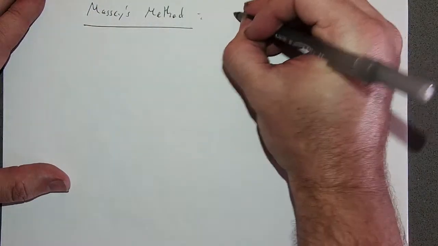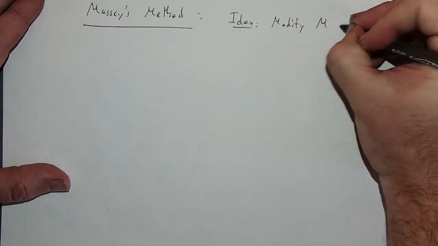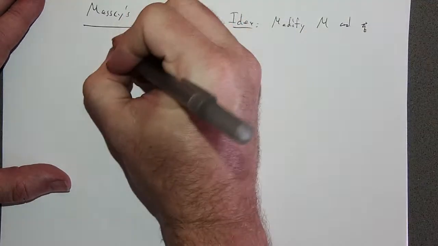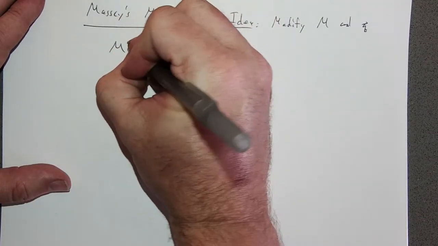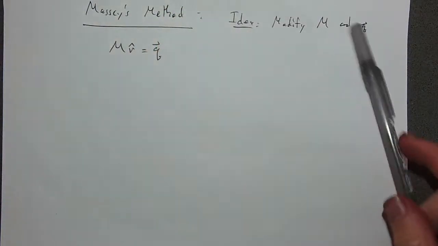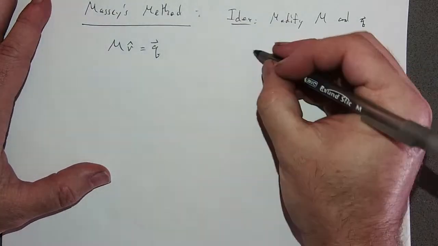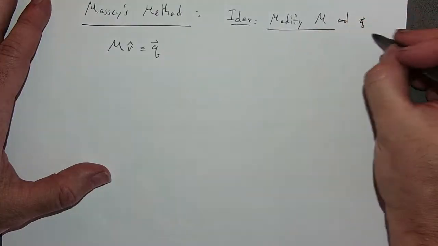So the idea is to modify M and Q. So we have the following equation, MR = Q. I want to modify M and Q. Now, for simplicity of notation, I'm not going to come up with new notation to indicate this modified M and Q. I'm just going to modify it and then keep going to solve, but this is what we do. So how do I do this? What does modify M mean, and what does modify Q mean?